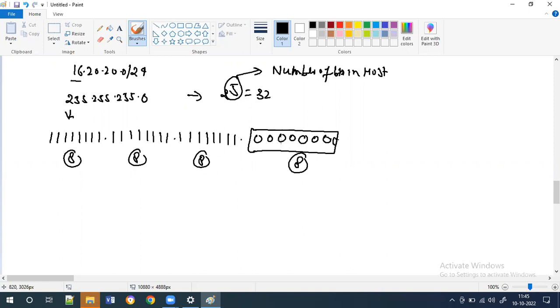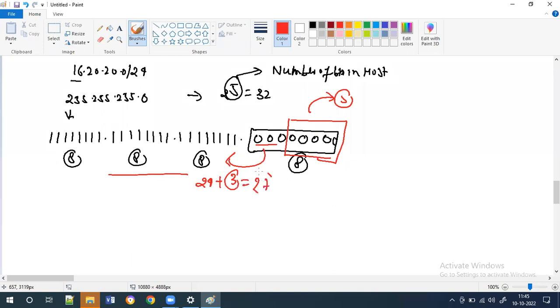Now it's completed. So that means this 5 stays in host, and this 3 will go into the network side. Total is 24 plus 3, which is 27. So with the help of this, we can design this network.